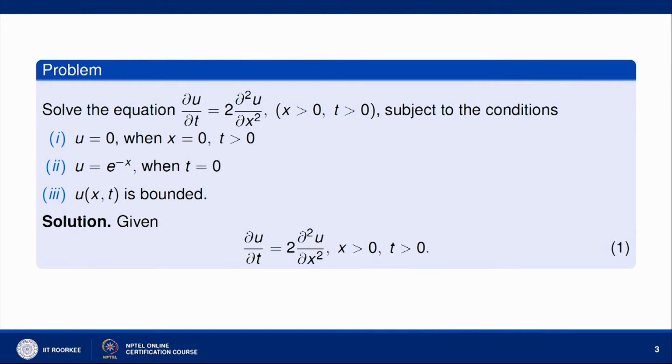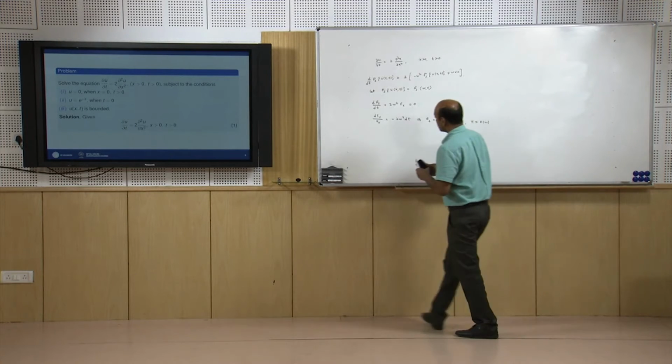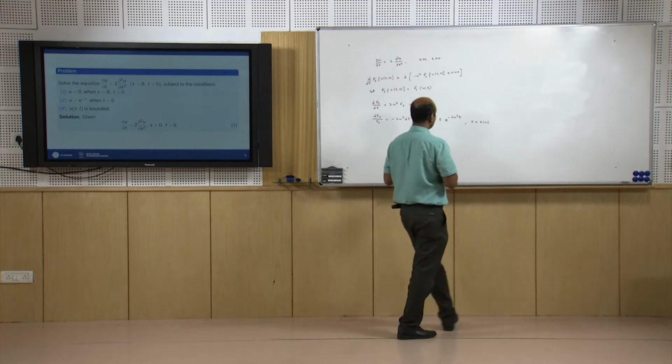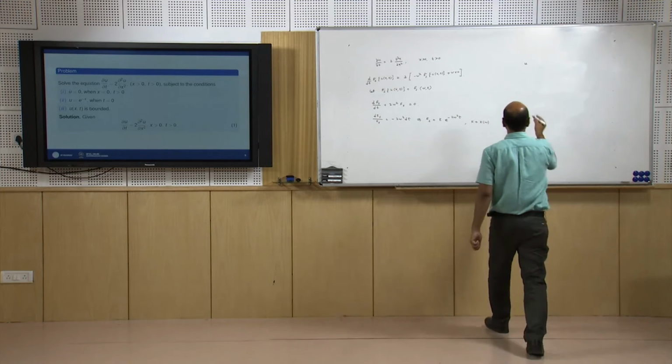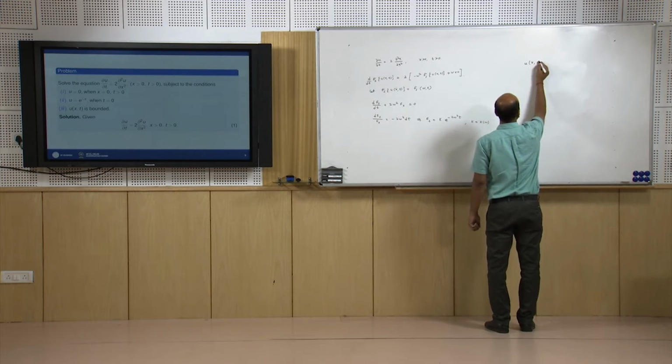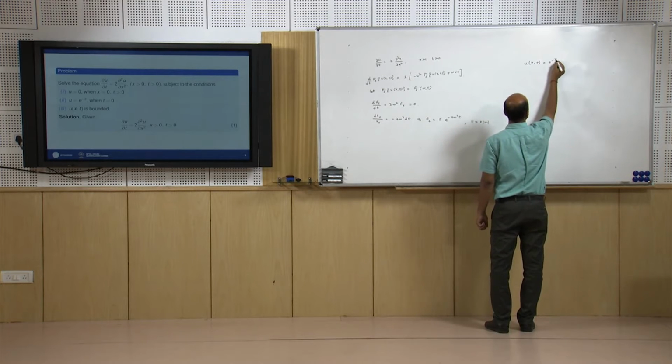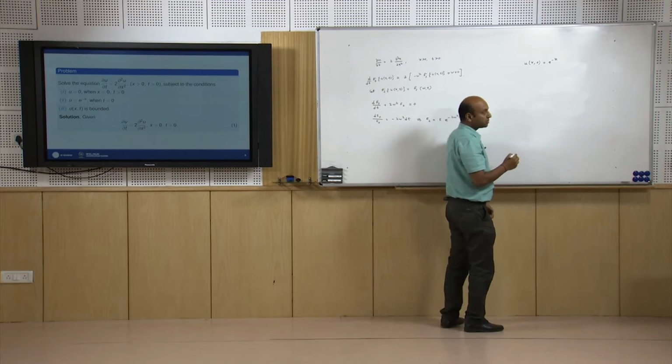We have this condition, so now apply this condition over here. So, what do we obtain? u(x,0) is e to the power minus x. So, apply the Fourier sine transform on both sides.